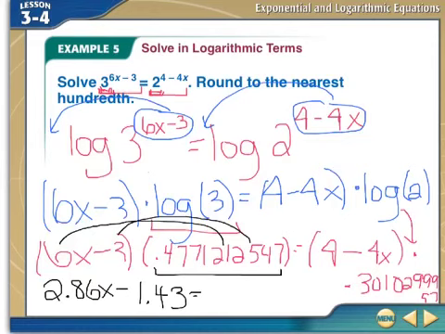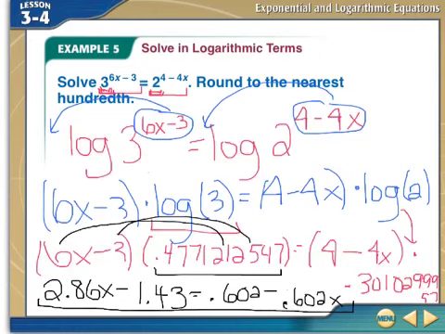On the right side of the equation, I'm going to distribute that log of 2 to both the 4 and the negative 4x, which gives me 0.602 minus 0.602x.